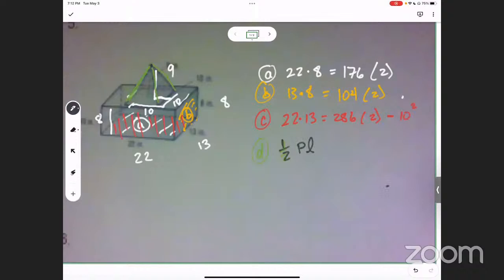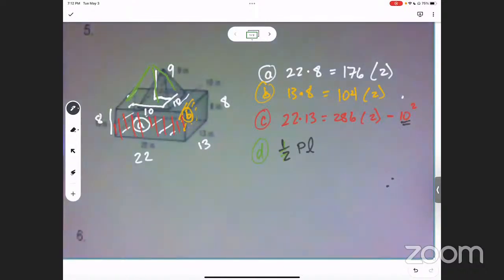So 1/2 perimeter times slant height plus base. Plus the base, but do I need the base in this case? No, I don't, because I'm already subtracting out that base over there, since that's just sitting right on top of it. I'm assuming that they don't want that as the surface area. They just want the outer surface area. Yes? Yeah. All right. So what's the perimeter? Perimeter is 40.